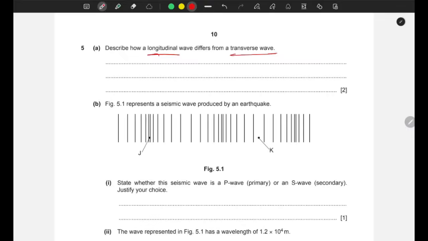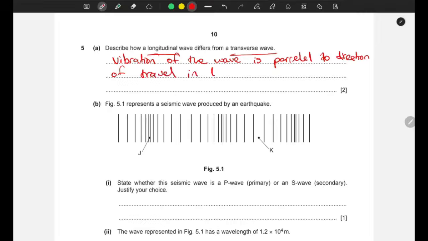So the main difference between a transverse wave and longitudinal wave is that the vibration of the wave is parallel to the direction of travel in longitudinal waves, but not in transverse waves.